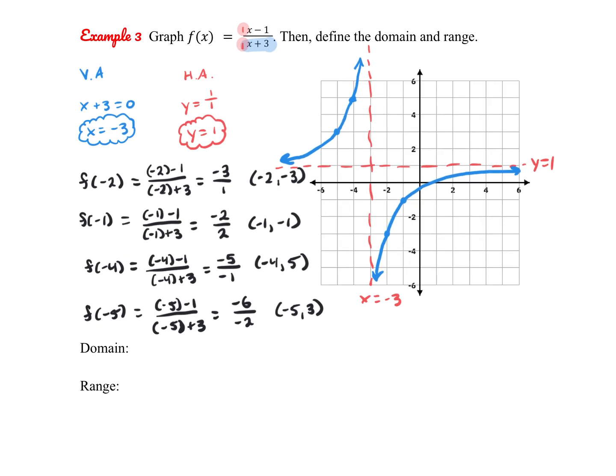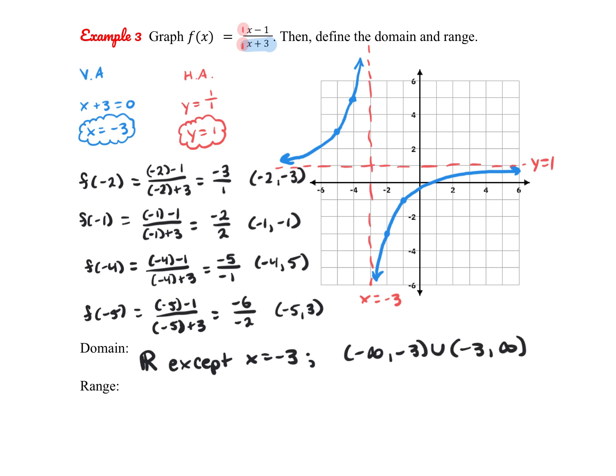Again, our domain is always going to be all real numbers except for the vertical asymptote. So all real numbers, I'll do the R symbol with the extra vertical line, except x equals negative 3, or we could say negative infinity to negative 3, non-inclusive, union, so or negative 3 to infinity.